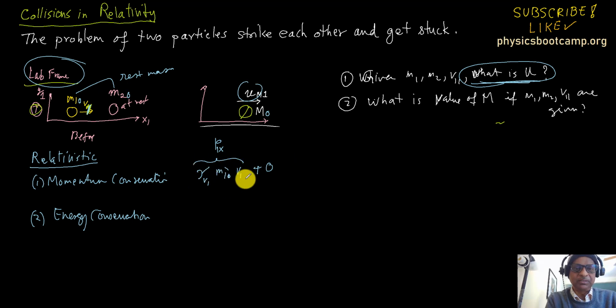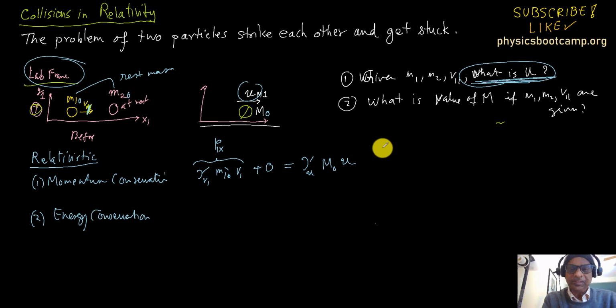This part is not 0 and this is 0, so it gets you 0. And on the other side we have gamma of u m0 u. So we want to solve this for u. That's one of the questions, right? So how do we solve this for u?